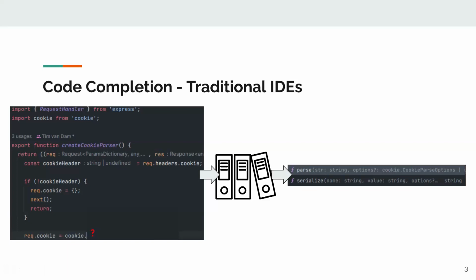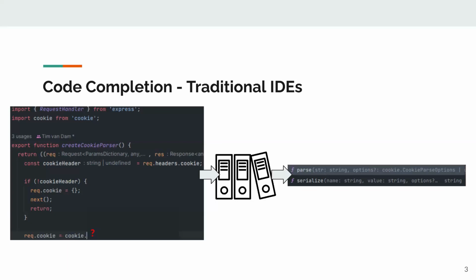This is very powerful for one specific reason that is different from the modern code completion with language models that we're seeing right now, because this is very good at taking into account the context within your project and within your third-party dependencies. So this cookie object is imported from the cookie library.